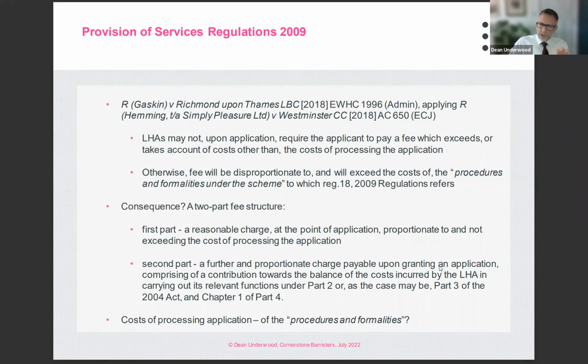It suggests a list of cost headings that may fall within either the processing component of the application or the subsequent component of the licensing fee. And according to that guidance, under the former component, that is processing, the cost of consultation and publishing policies can be fully recovered.